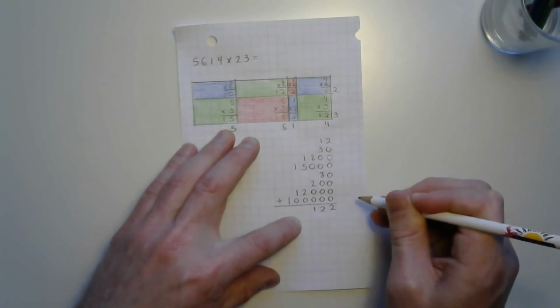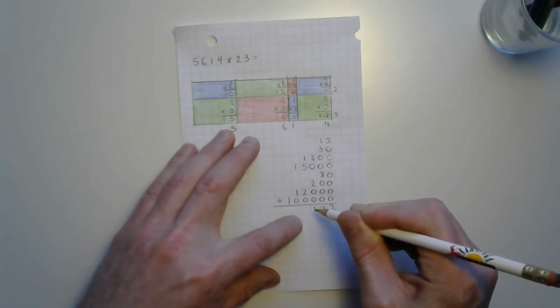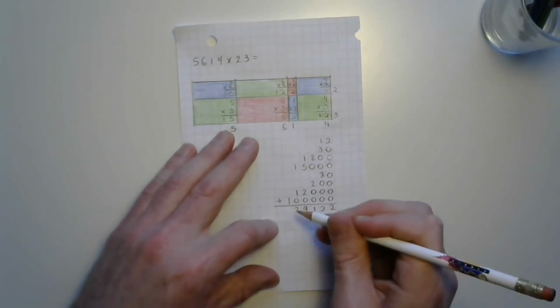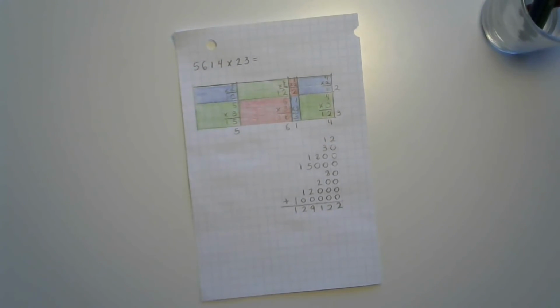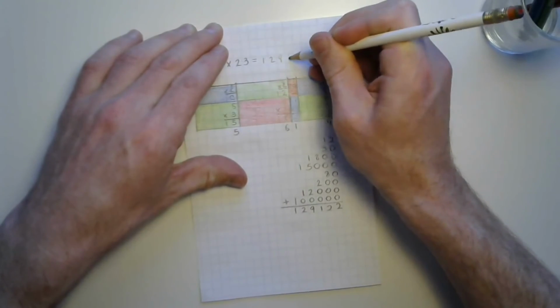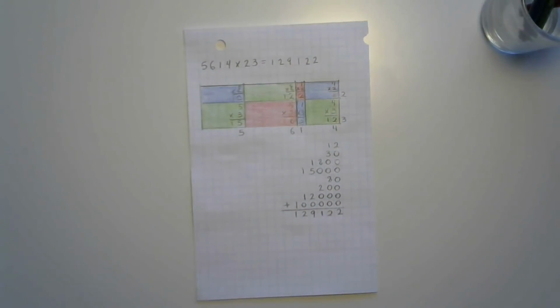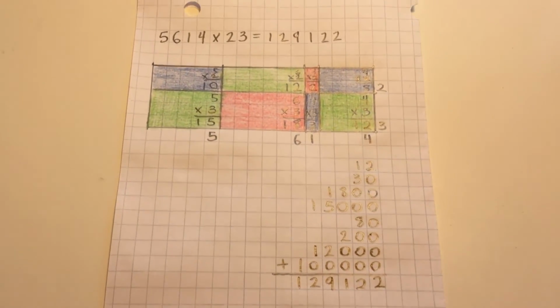There's a 1, and that's from 11, a 1 coming up. 1 plus 1 plus 5 plus 2. We've got a 9, 1 plus 1, 2, and finish it off with just a 1. And there is our final answer, our product, 129,122. And we solved it with geometric multiplication.